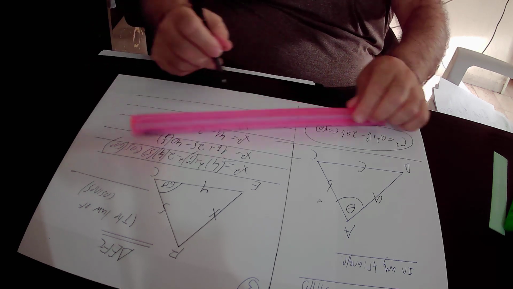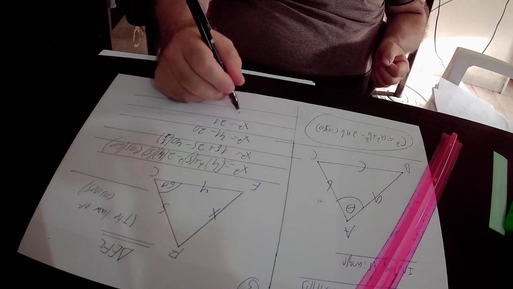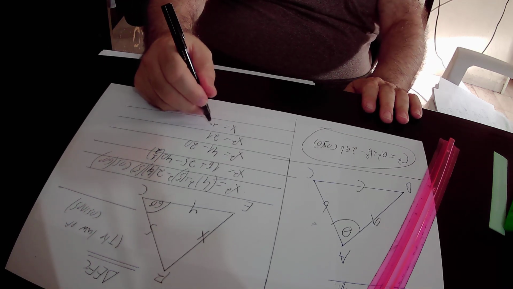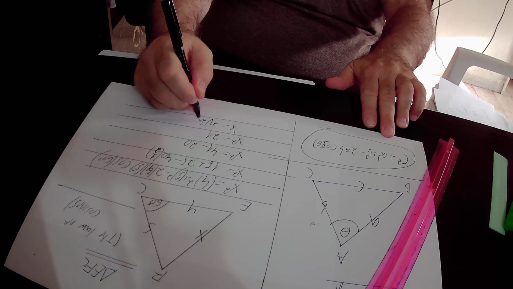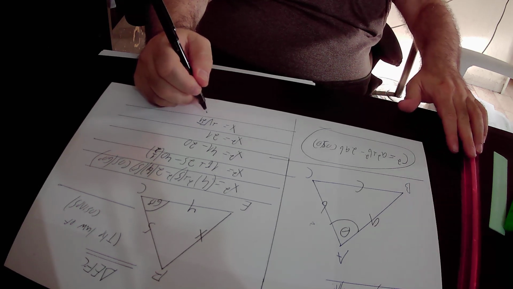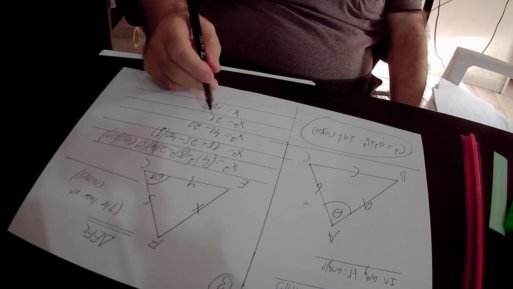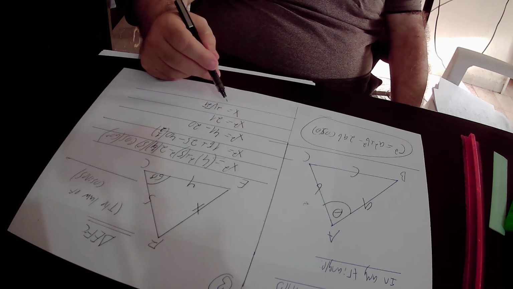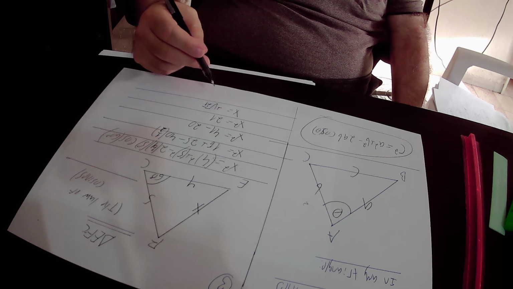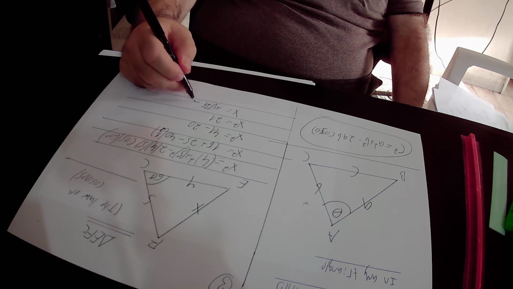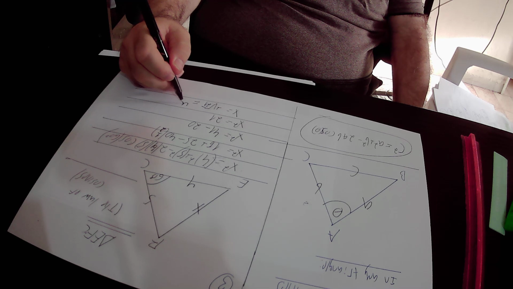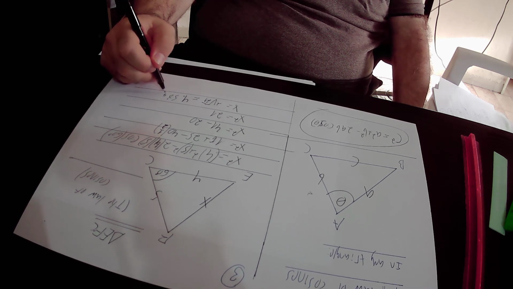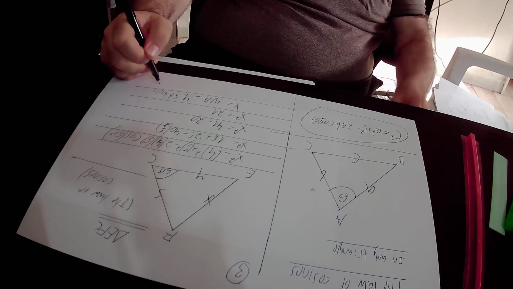So here we take a root of this equation and we get that x equals the positive square root of 21. Why is it the positive square root? Because x is a length, and as a length it must be a positive number. So x equals the positive square root of 21, or in terms of numbers it is equal to 4.58 units.